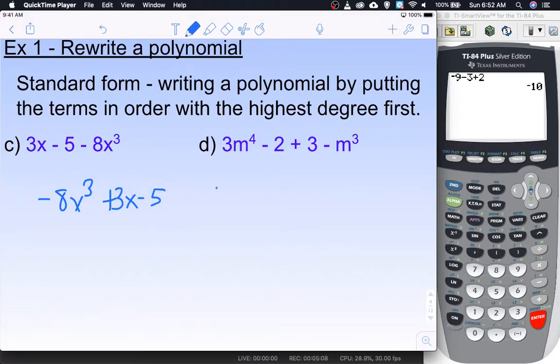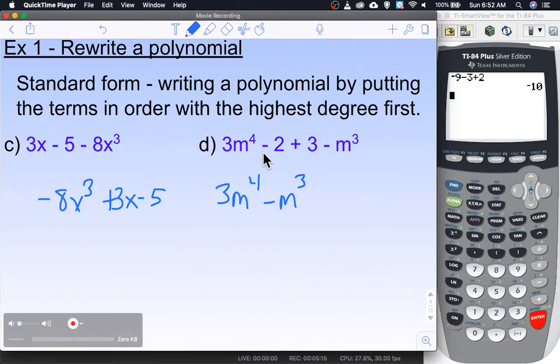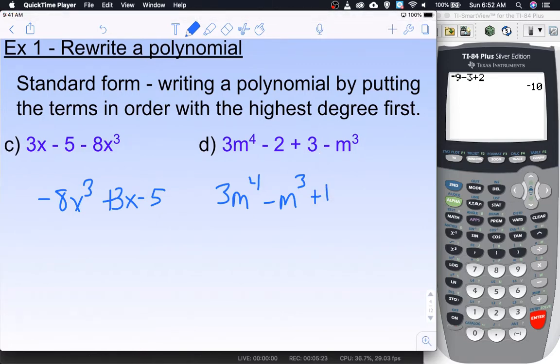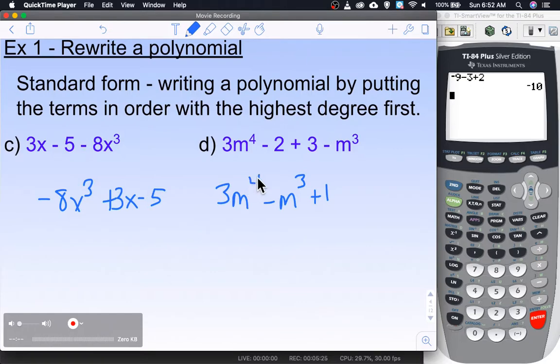Letter D, 3m to the fourth minus m cubed. And I suppose while we're doing this, we could simplify these two pieces, because that's just a minus 2 plus 3. That would give us a plus 1. So we still put the highest degree first, and we worked our way down. Each power, each exponent got smaller as we went.